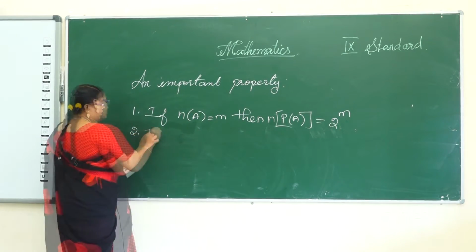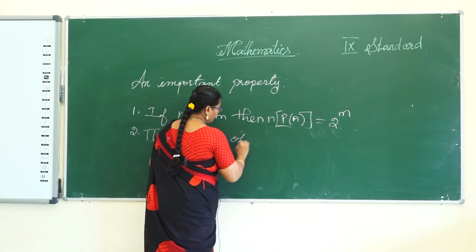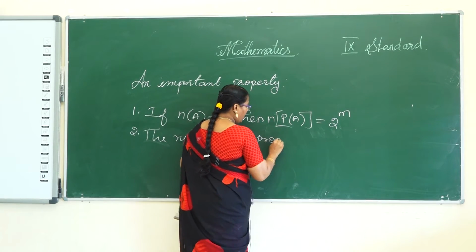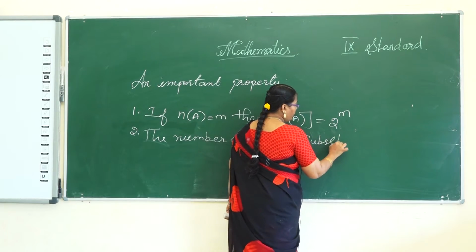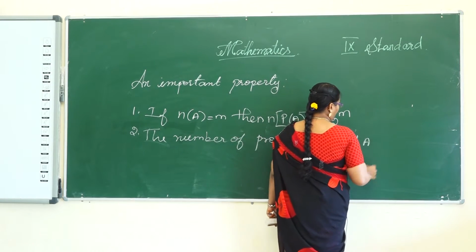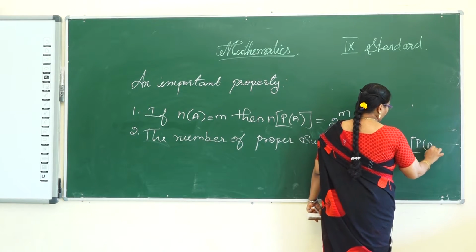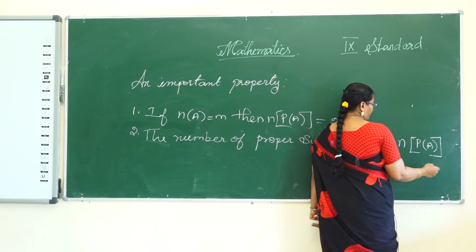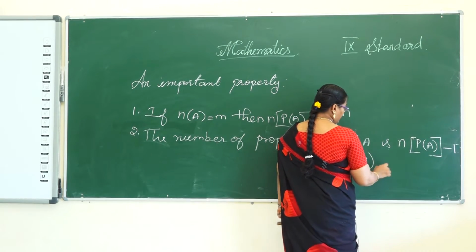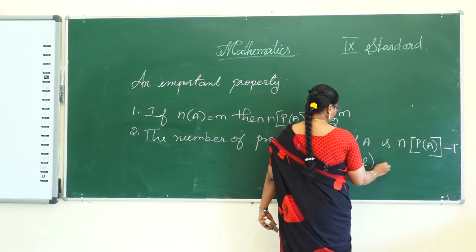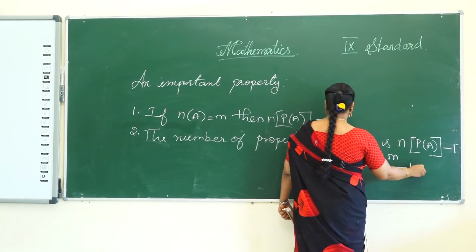And second one, the number of proper subsets of A is n of P of A minus 1, that is 2 power m minus 1.